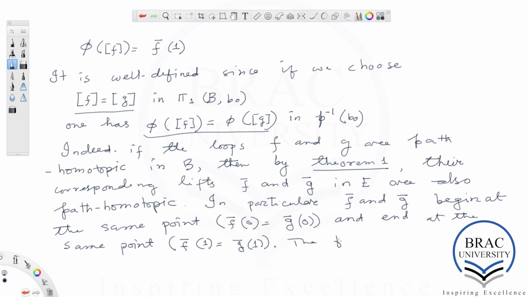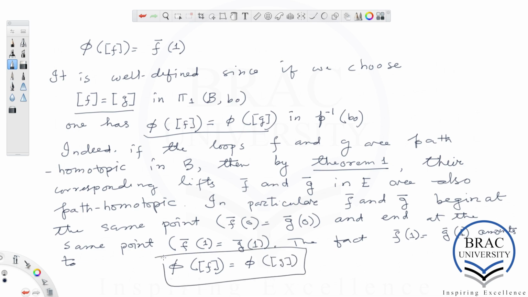So the fact F bar of 1 is equal to G bar of 1 amounts to that phi of the class of F is equal to phi of the class of G. This is what we have here.